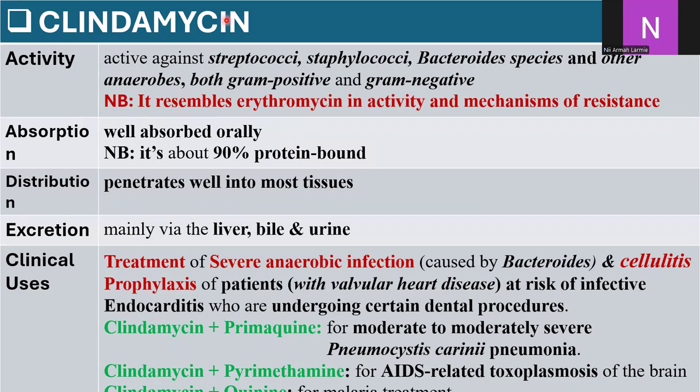Clindamycin is effective against streptococcus, staphylococcus, bacteroides, and other anaerobes, and it has activity over both gram-positive and gram-negative infections. Clindamycin is well absorbed when taken orally and also penetrates very well into most tissues. It is eliminated either by the liver, the bowel, or by the renal system.